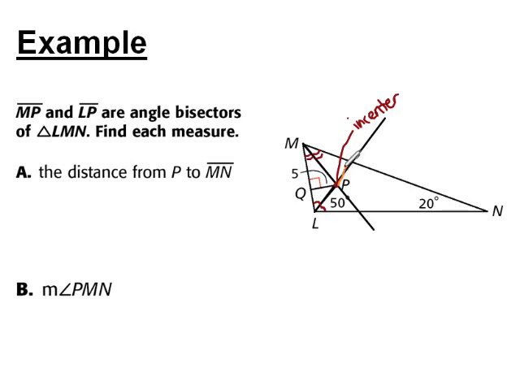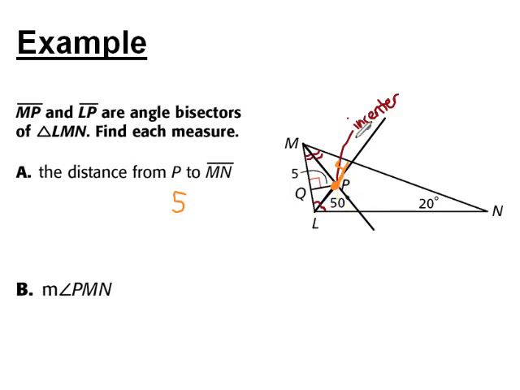I know it interferes with that line we just drew. So here's a perpendicular line. This distance from P to this line MN will be the same as this one that's perpendicular from P to ML. This is also 5 units. If I were to draw the other one that goes down perpendicular to this segment, LM, this is also 5. So 5 units, 5 units, 5 units. They have to be perpendicular.